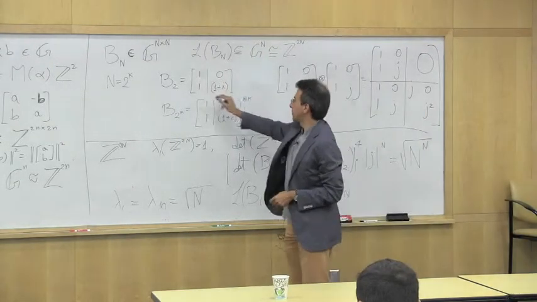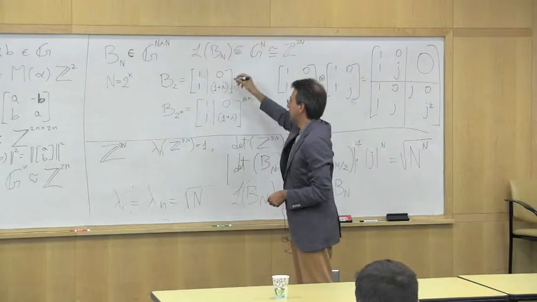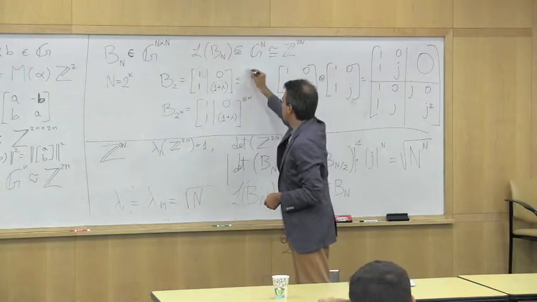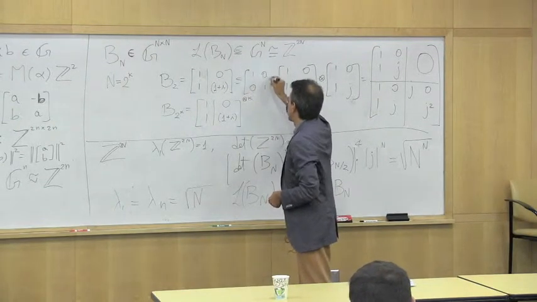And that's just because this matrix generates a sublattice of the identity matrix.